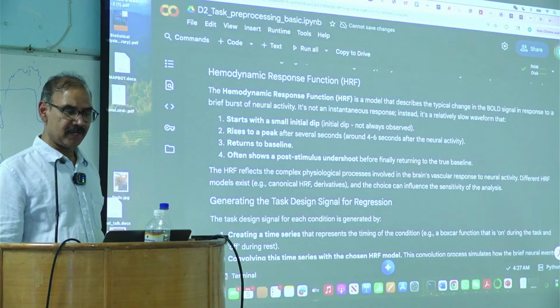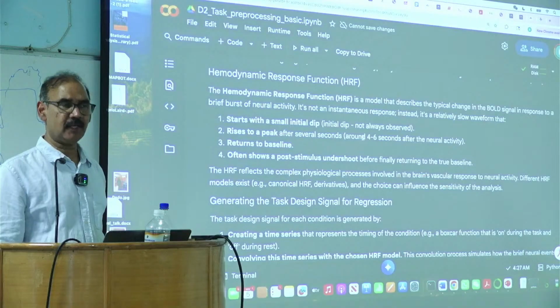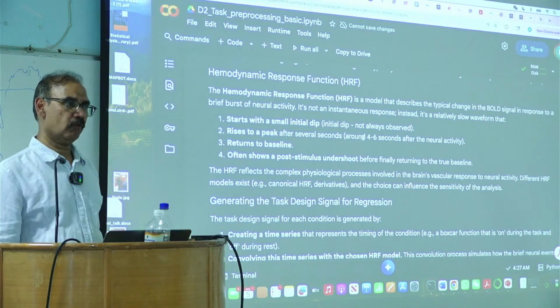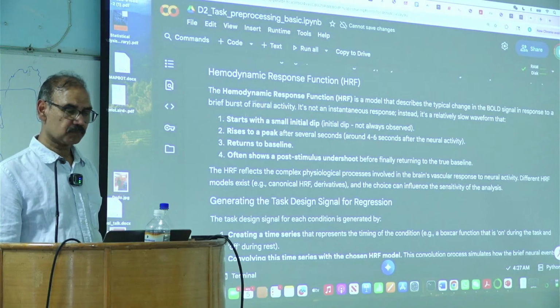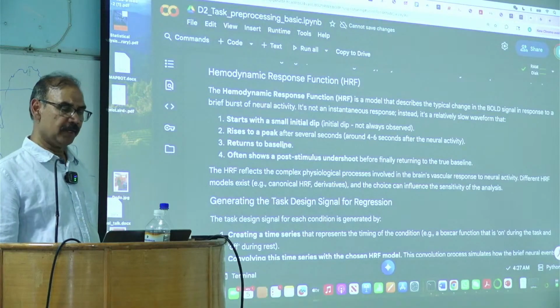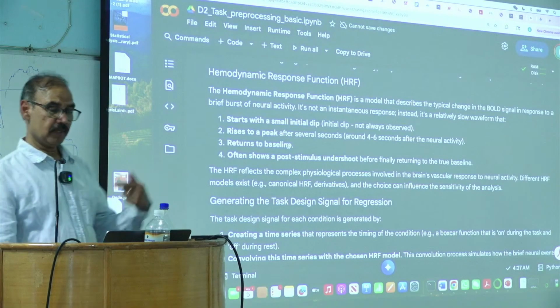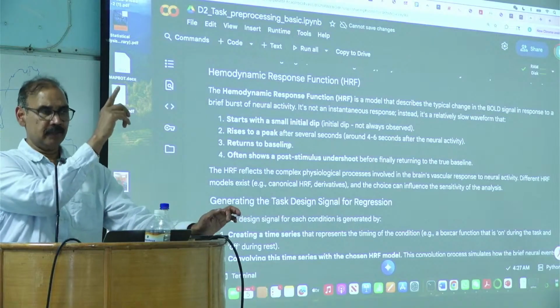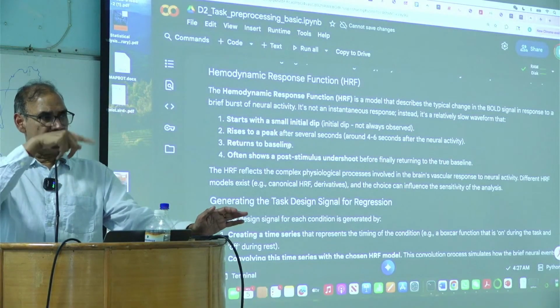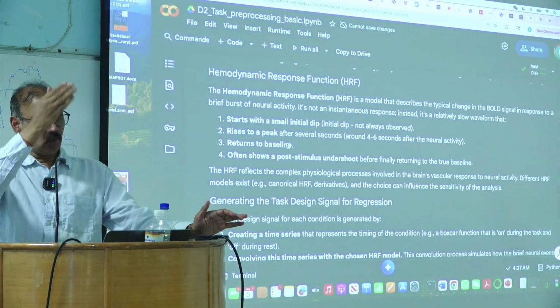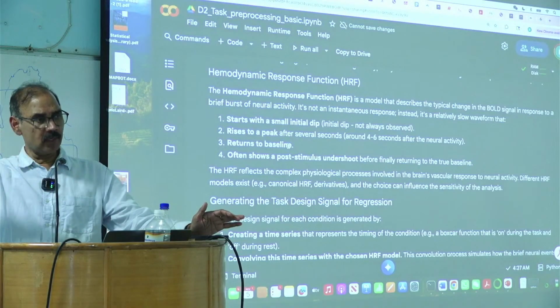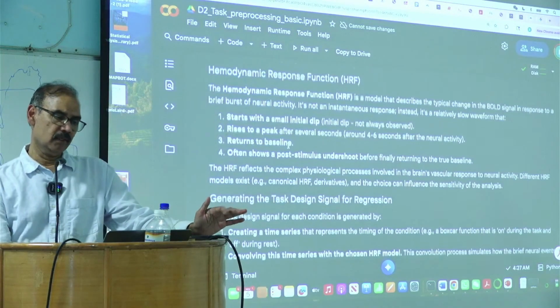Then it rises to a peak after several seconds. It may take 4 to 8 seconds, and then returns to baseline. And then, as I had mentioned, there is a post undershoot. It goes below the baseline and slowly comes back to baseline.